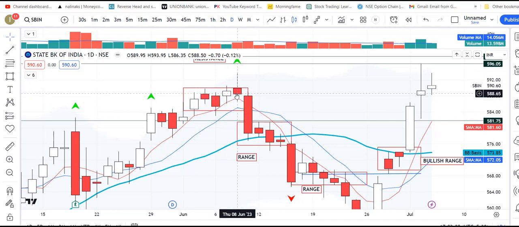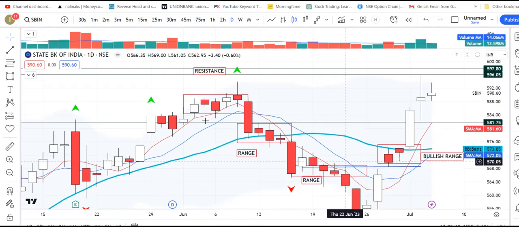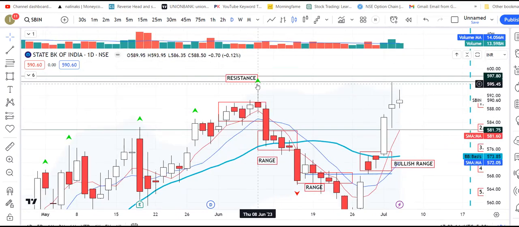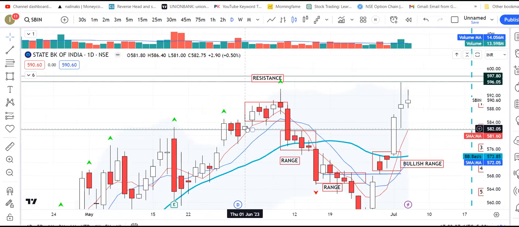You have identified the resistance with the help of pivot formation. This is the pivot formation. If you use the Williams Fractal indicator, you will get the pivot formation. Then you mark this total range.